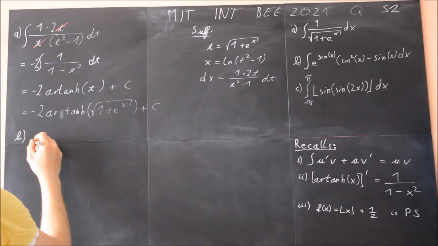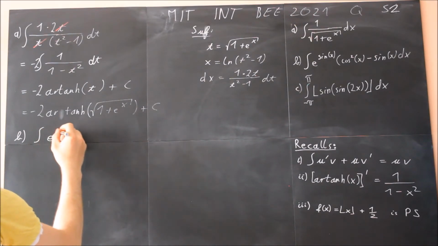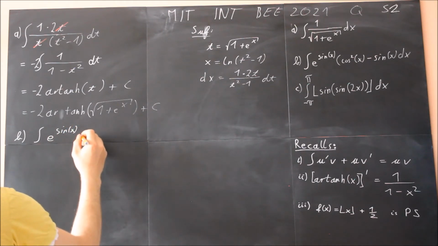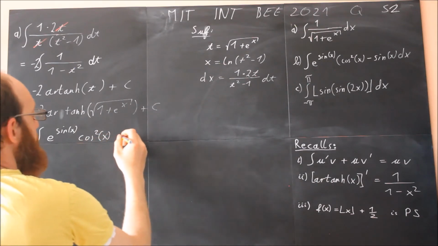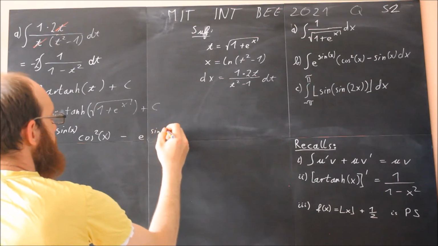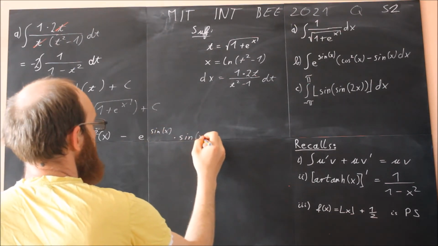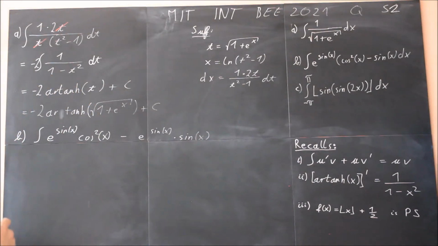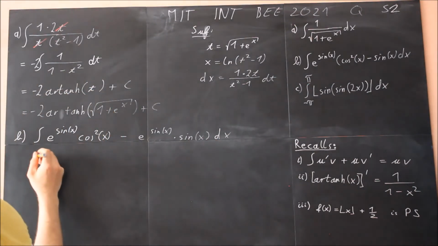So b, we have the integral of e to the power sine x times cosine squared of x minus e to the sine x times sine of x. And now if you take a close look, I will rewrite this integral and then we can see this.